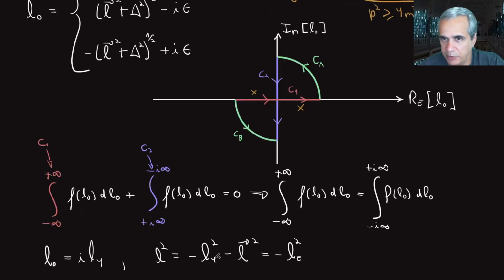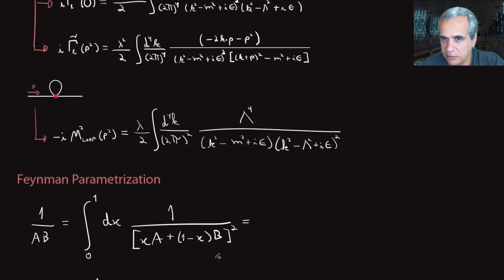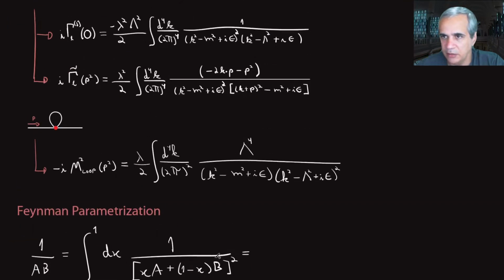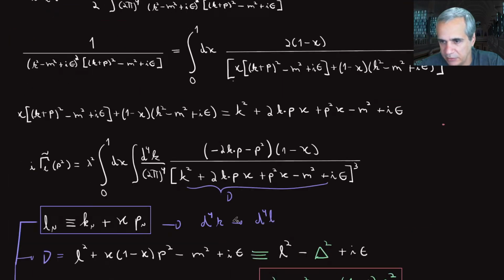Let's go up here and get the next guy, which is this one. So now I want to do this integral, and later I'll be doing that one with the same method.